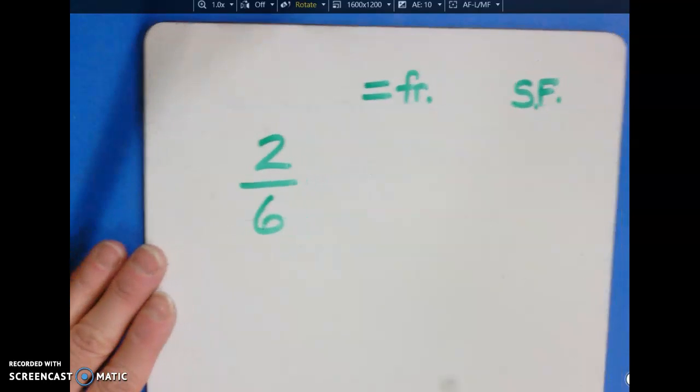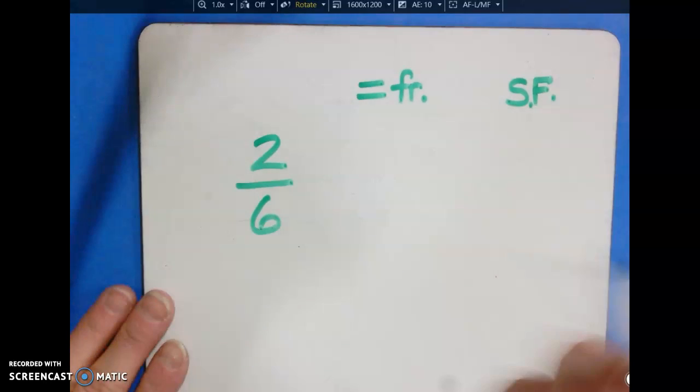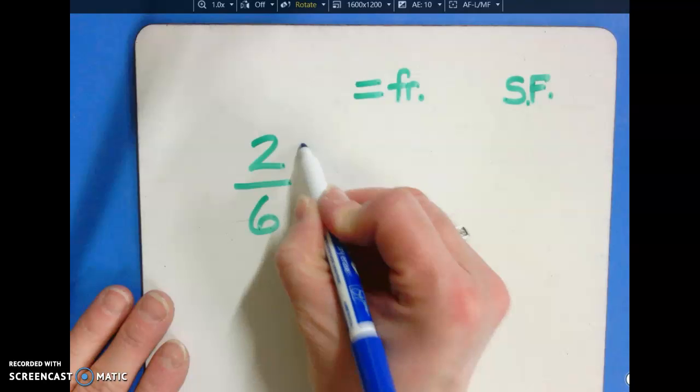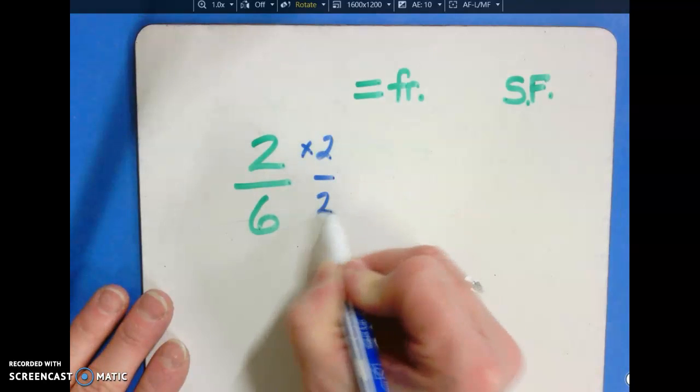Now, how do I go about making equivalent fractions when I don't have the fraction strip paper right in front of me? Well, I'm going to think about my multiplication. The great thing is I can pick any fancy one I want to. And a fancy one, remember, is a number over itself. So if I want to start simple, because I know my facts of 2, a fancy one is 2/2.